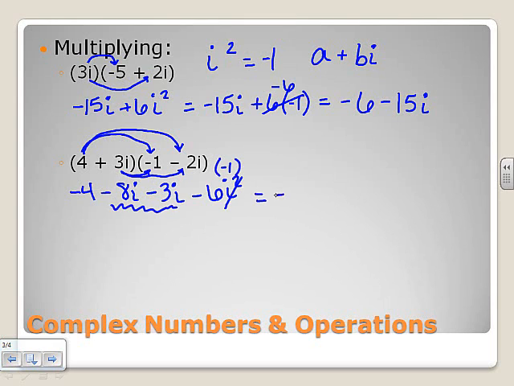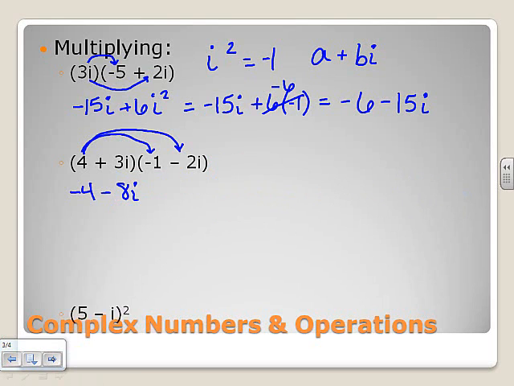So it becomes negative 4 minus 11i plus 6, because we have a negative 6 times a negative 1 in place of the i squared. Combine like terms one more time, and you get 2 minus 11i. And that would be your final answer.